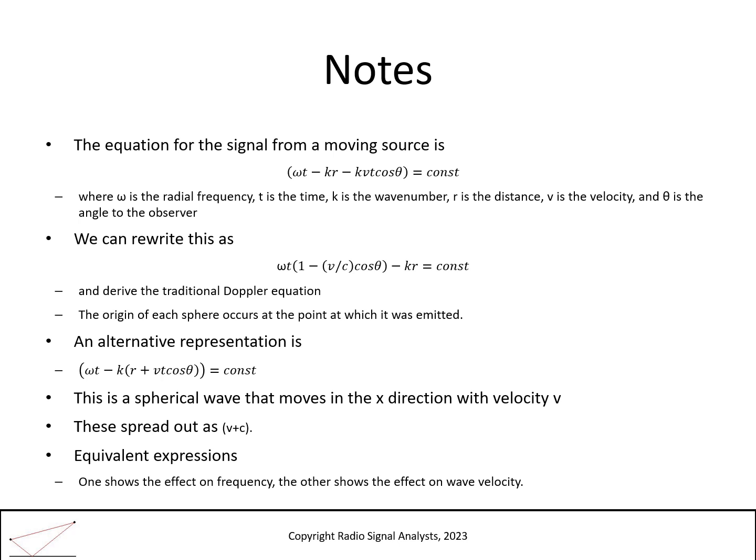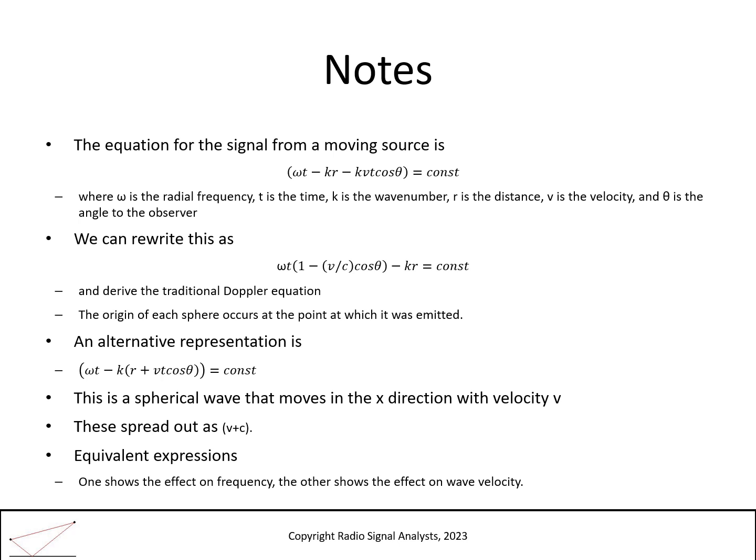For the source movement, we added a term where v is the velocity of the source, and theta is the angle that the observer is from the direction of motion with respect to the source. This is like the equation we developed in our previous presentation, Physics 01, except we have added a term describing the motion of the source.